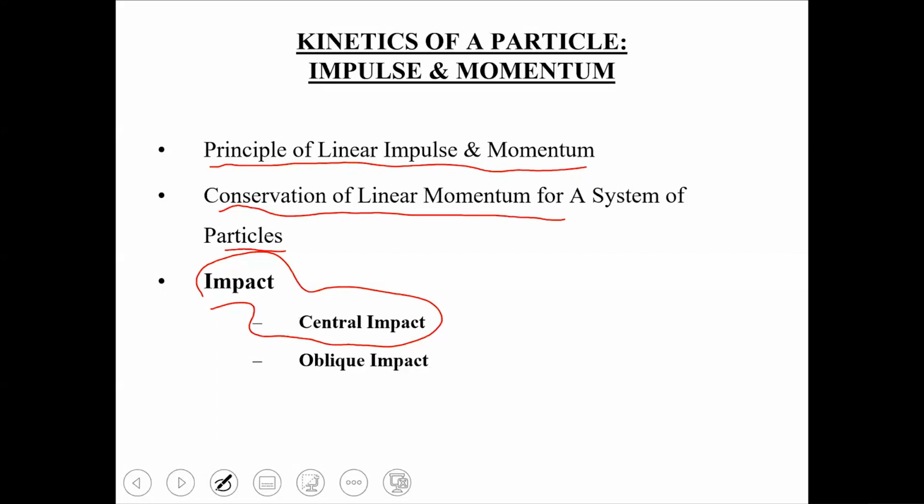So they should not be included in our impulse and momentum analysis. Moreover, there are some forces which produce a very small amount of impulse, such as the weight or the force of an elastic spring. They should also be neglected in the impulse and momentum analysis.